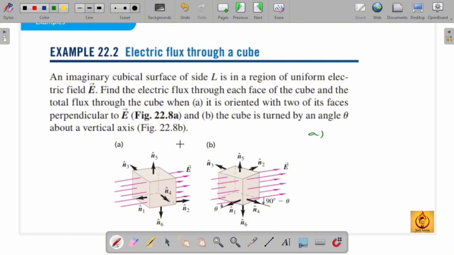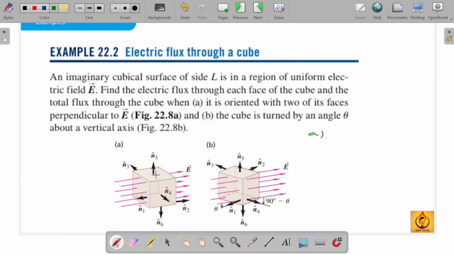Do you want to help me in answering it? Yeah, I can help, sir. Okay. Electric field flux through each face. So you said when it's perpendicular, which sides are perpendicular to the electric field? N5, because the electric field is this way, so N5 is perpendicular.